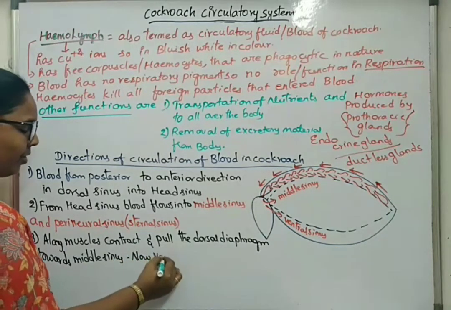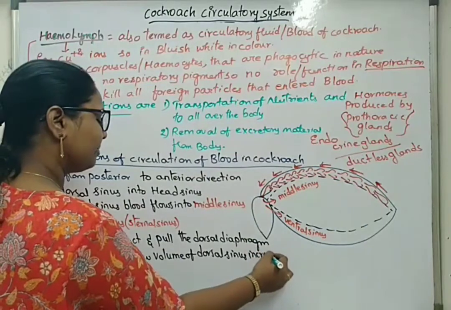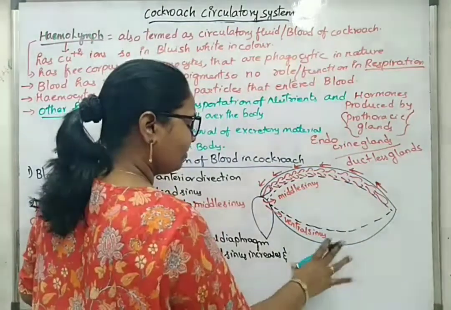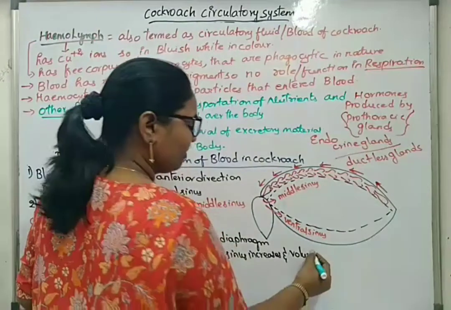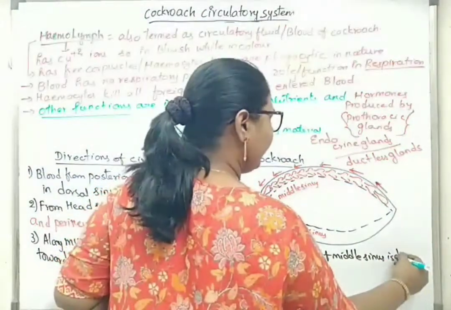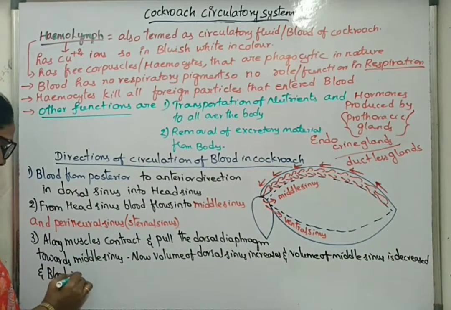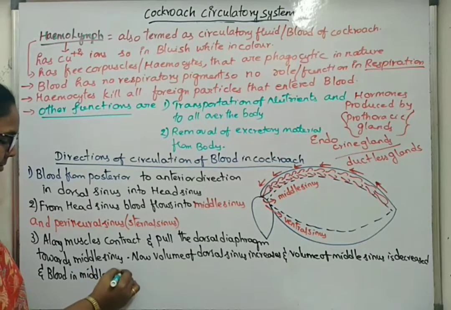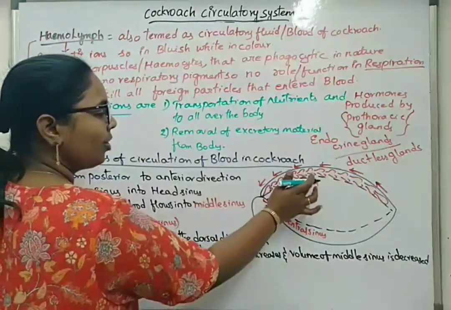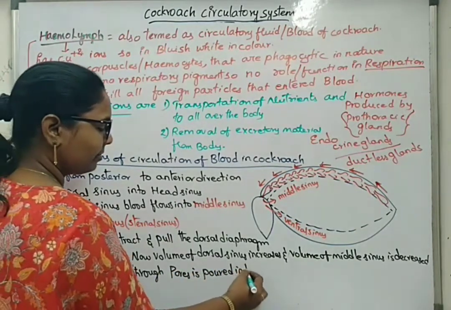Now volume of dorsal sinus increases and volume of middle sinus is decreased, and blood in middle sinus, through these perforated valvular pores, is poured into dorsal sinus.